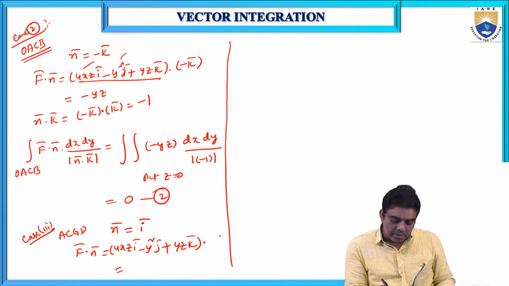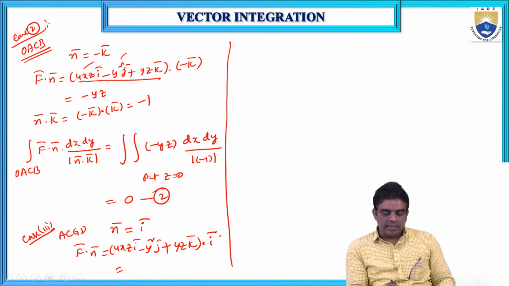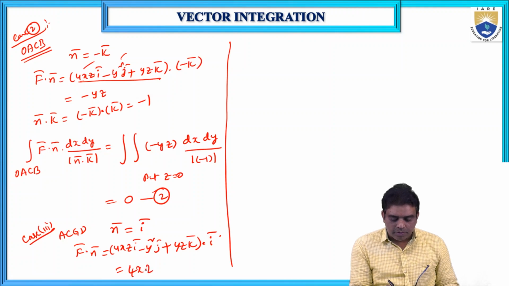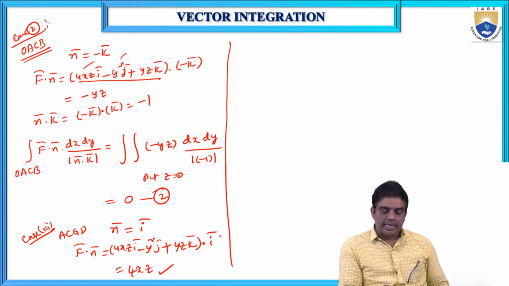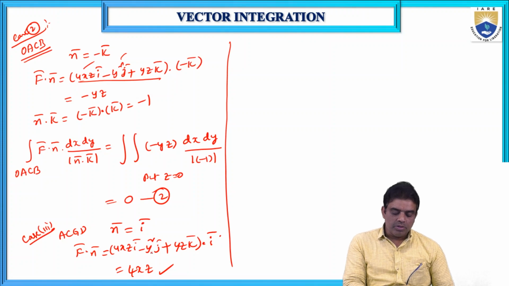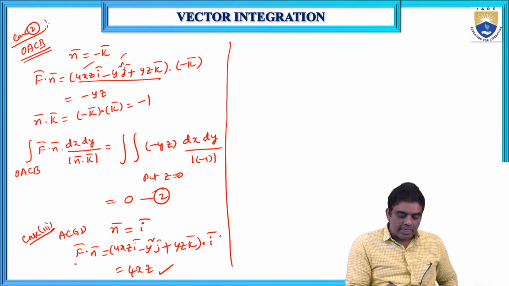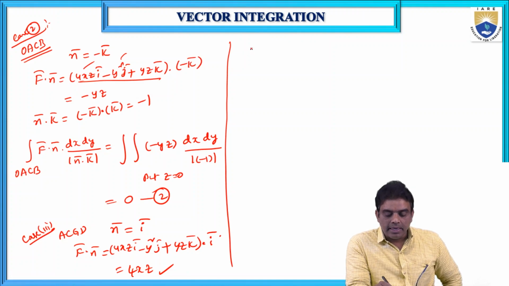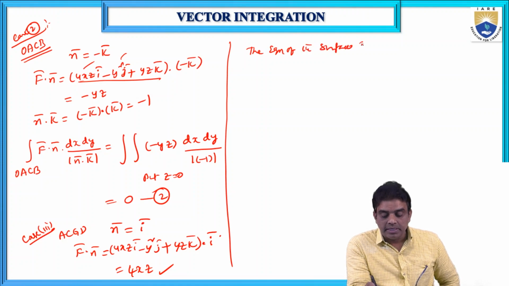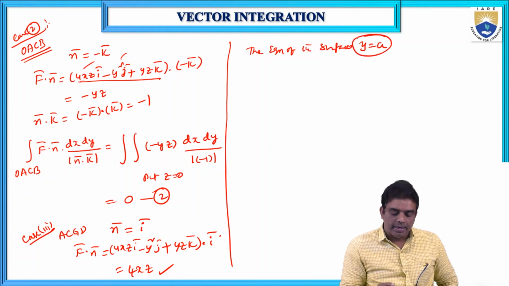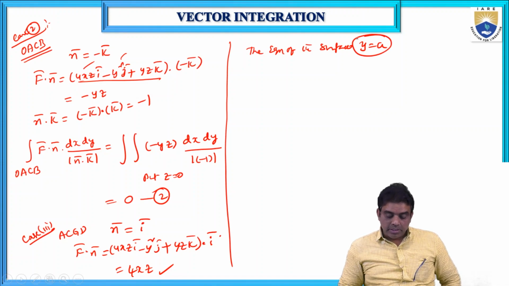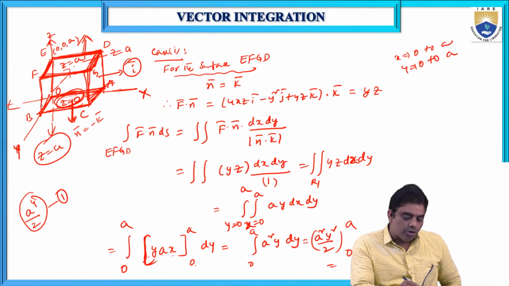On making the dot product, 4xz i bar dot i bar is 1, the other two terms are 0, so you will get only 4xz. So what is the equation of the surface ACGD? The surface equation is y equal to a. Sorry, this is x equal to a.